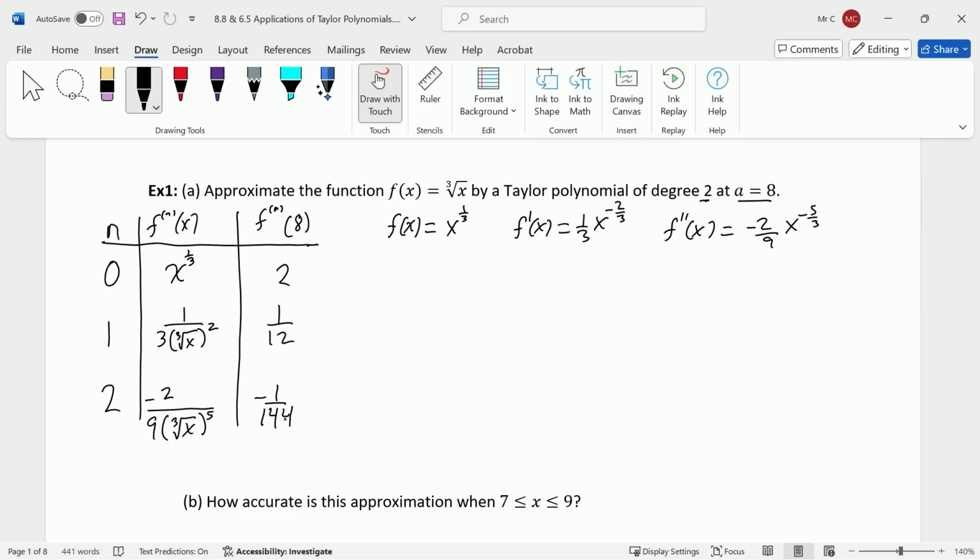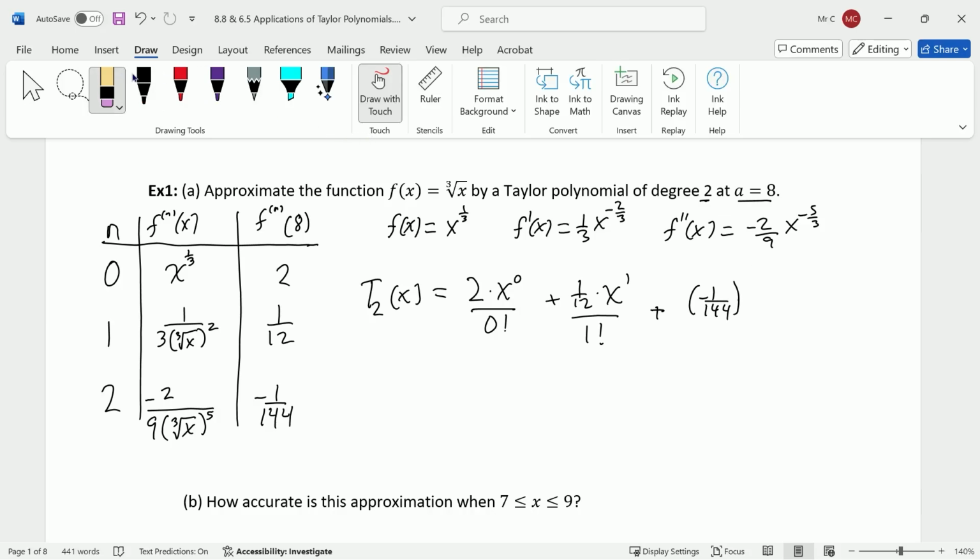Okay, so now that I've got that, I can write out my expression for my second degree Taylor polynomial. And that's my zeroth coefficient times x to the 0 over 0 factorial plus 1/12 times x to the first over 1 factorial plus negative 1 over 144.